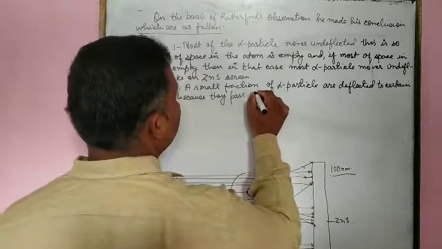They pass near the positively charged spaces, and because of repulsion, they are deflected to a certain angle.